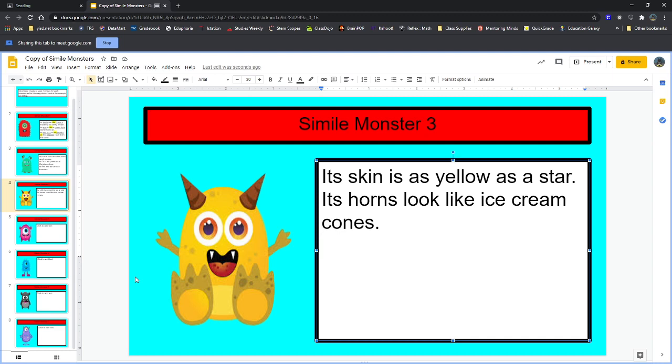Ooh, I like it. Its eyes are as orange as the sunset. I like that. That makes it sound like a pretty monster. Which I guess makes sense because it doesn't look like an angry monster or an unfriendly monster. It looks pretty friendly.